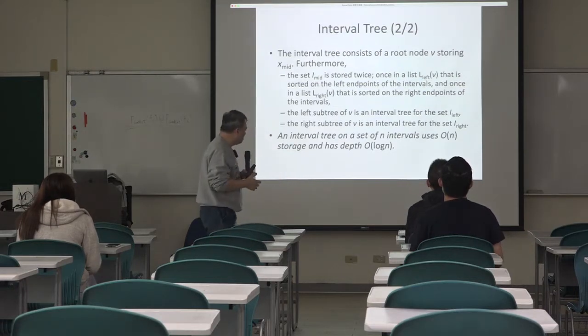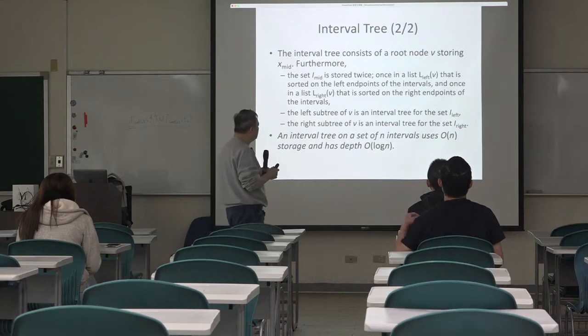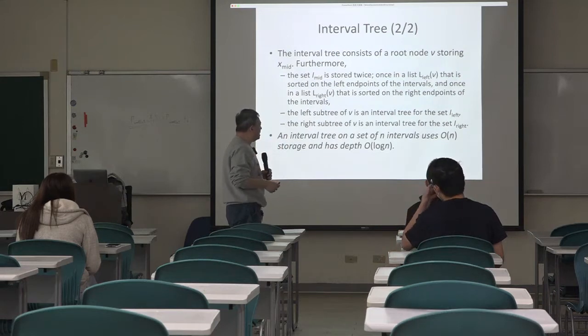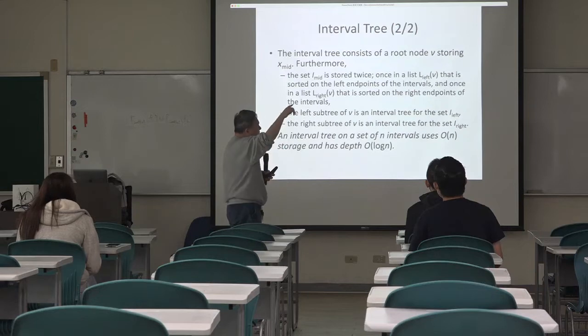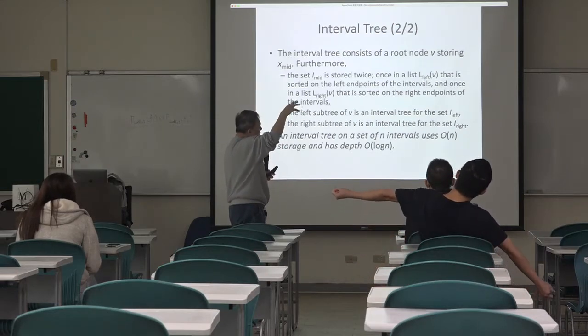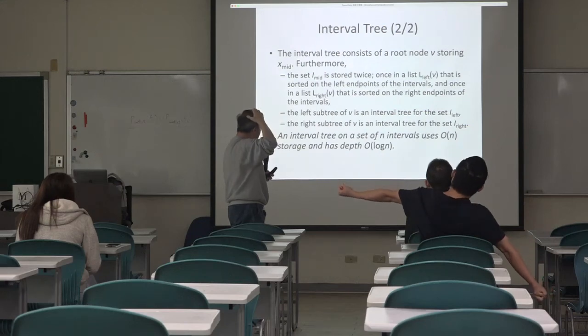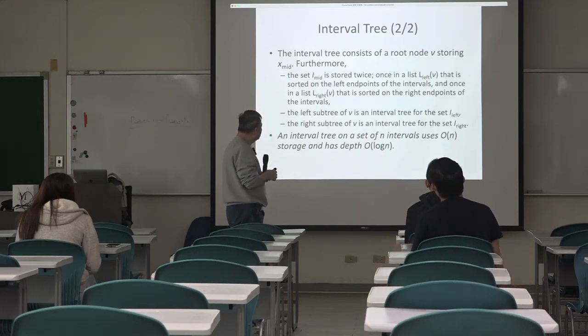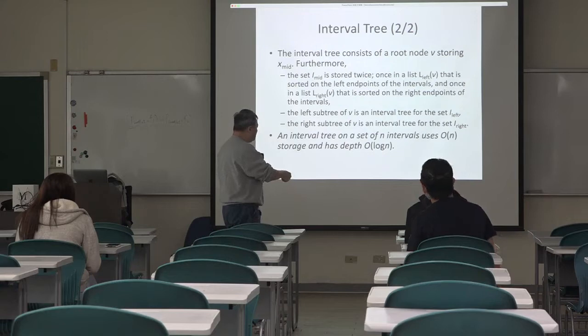On average, you are splitting the endpoints into two sets, and we don't even account for the intervals that will be kept in the root. So the log n depth should be very obvious.